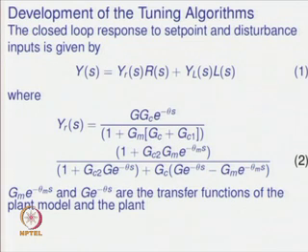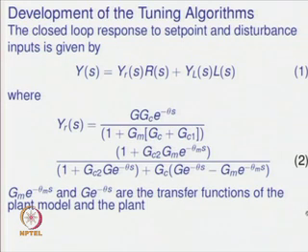The closed loop response to set point and disturbance inputs is given by Ys is equal to Yrs Rs plus Yls Ls, where Yrs is the transfer function given by Gc e to the power minus theta s upon 1 plus Gm times Gc plus Gc1 times 1 plus Gc2 Gm e to the power minus theta m s upon 1 plus Gc2 G e to the power minus theta s plus Gc times G e to the power minus theta s minus Gm e to the power minus theta m s. The detailed derivation is again avoided here.